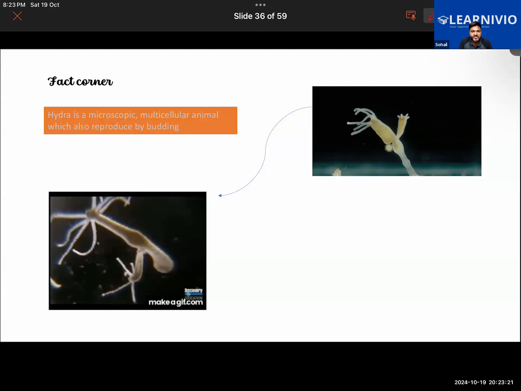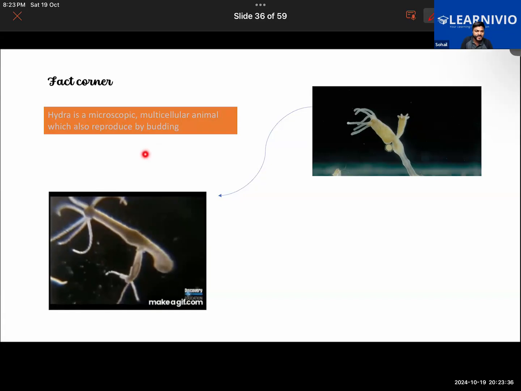We have some other special organisms which also reproduce via budding. Again, this is not related to plants, because the animation you are seeing is of a microscopic multicellular animal. It is classified as an animal which also reproduces via budding.